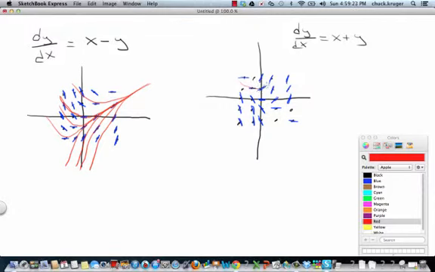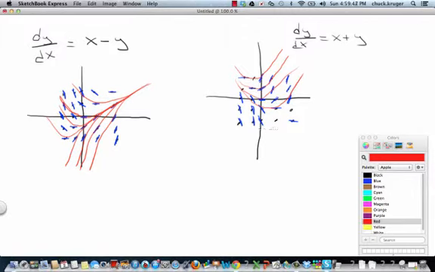And then it looks like I increase really fast. I bottom out. And then I increase really fast. Bottoming out. And I increase really fast. Bottoming out. Increasing really fast. Something like that.